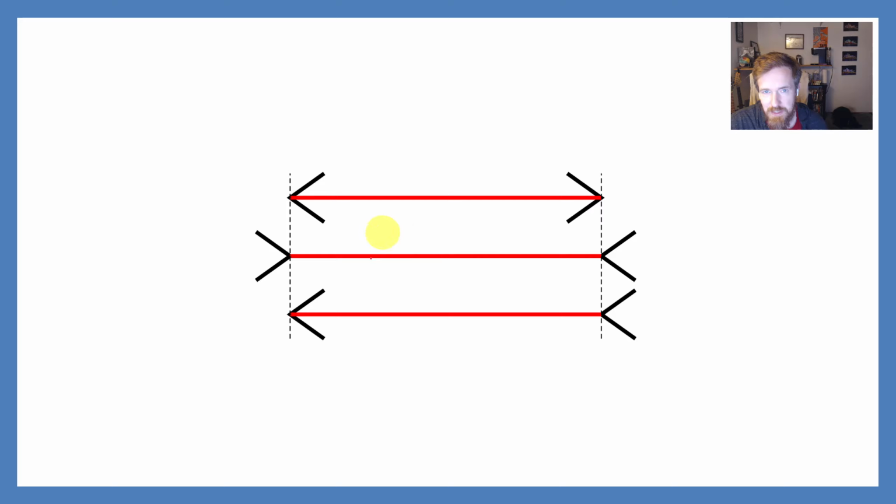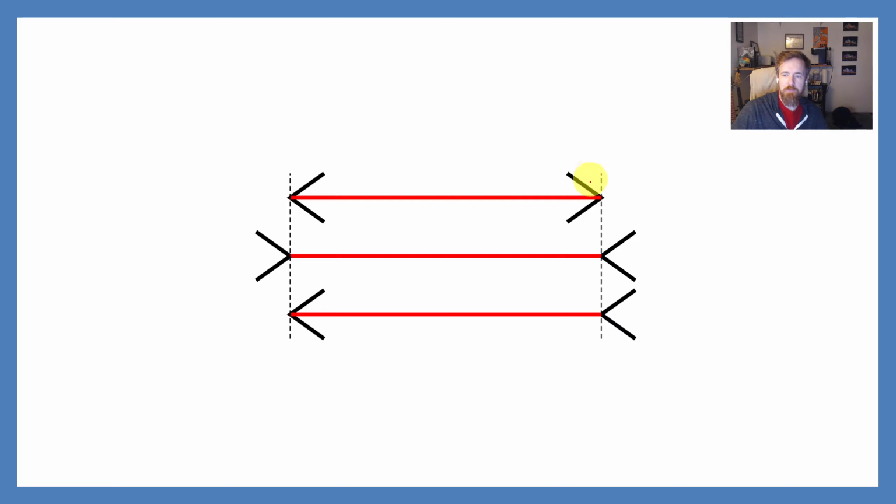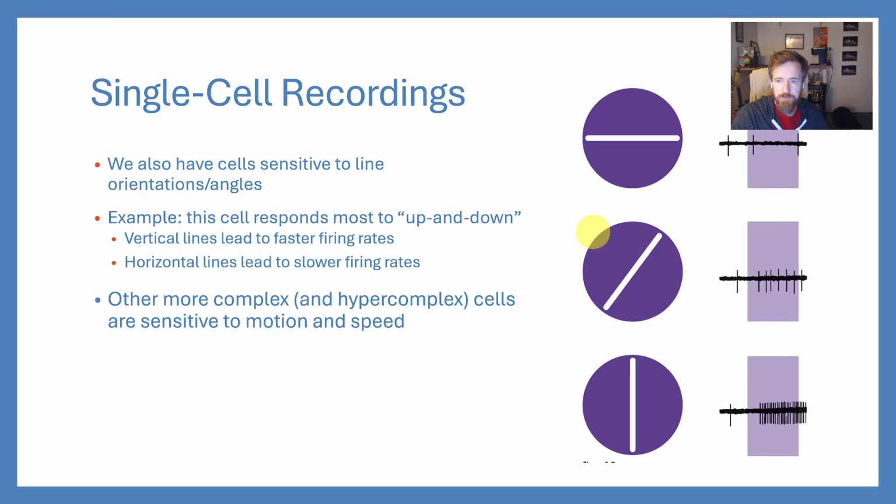Because you've probably seen examples like this before. But even still, it doesn't look to me like they are. It looks to me like this is the longest, and that probably this one right here is the shortest. But we know that it's not, because when we actually measure and compare, we see they are identical. That is because our context, this other additional visual information, is throwing us off.